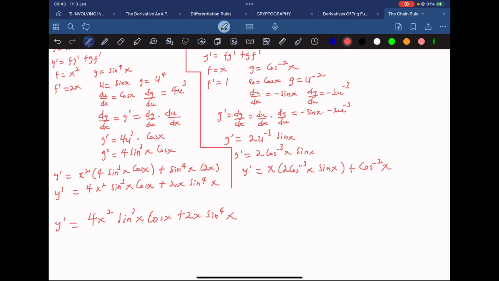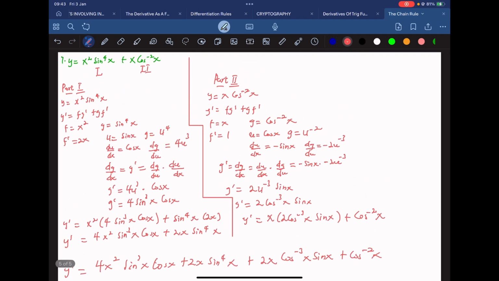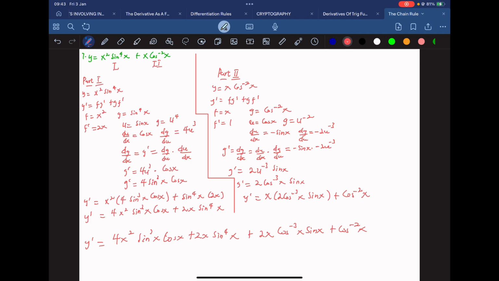And for the second one we had 2x, so cos inverse negative 3x sine of x, then we have cos negative 2x. So I hope this explains the concept very well and you know how to tackle the problem. So you just have to break the question into two parts. Now let's consider the last question.